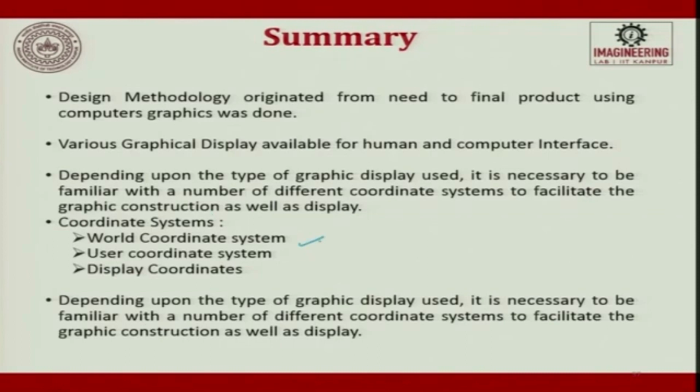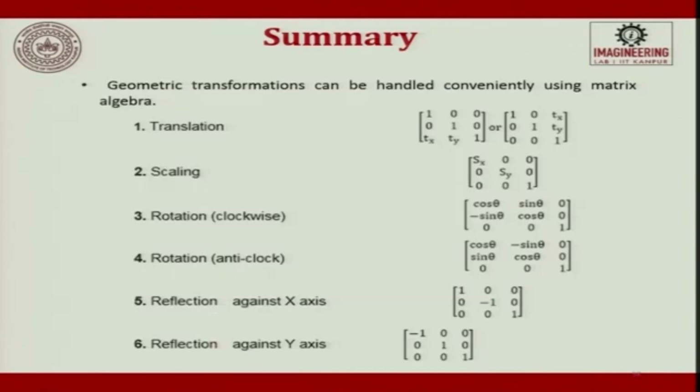So, we had world coordinate system, user coordinate system and display coordinate system. These are the different types of coordinate systems we saw.